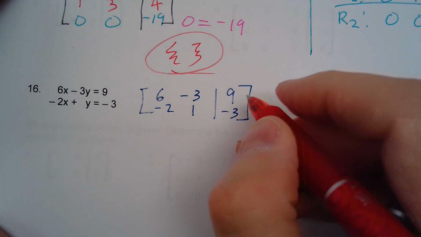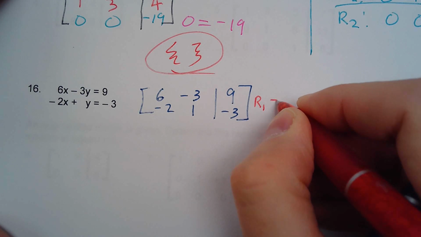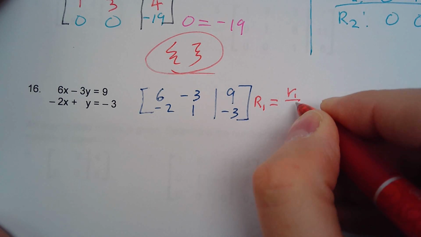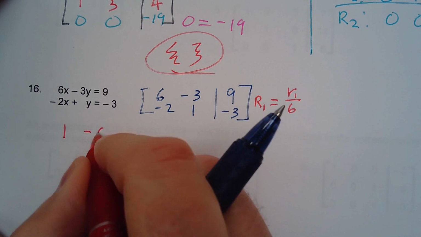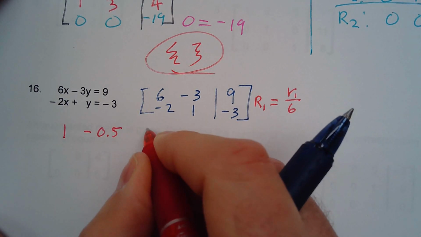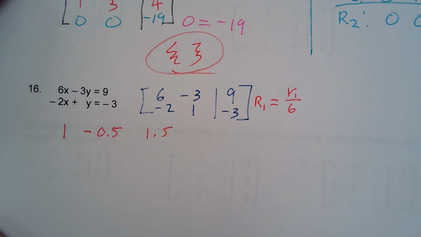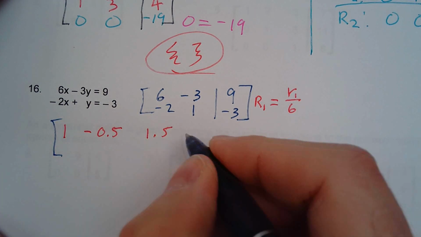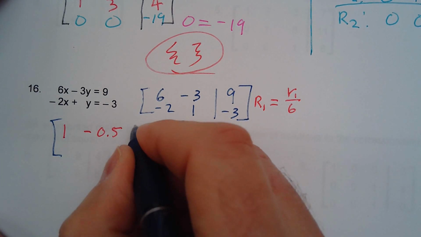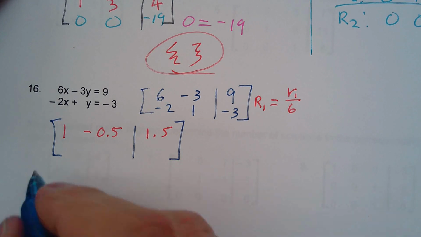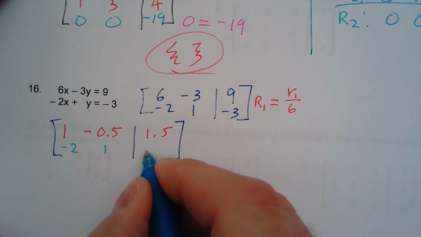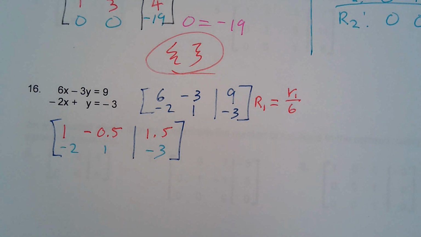So I'm just going to divide everything in row number 1 by 6. That'll give me 1, negative 0.5, and 1.5. Row number 2 would be negative 2, 1, and negative 3. Just bring that down.